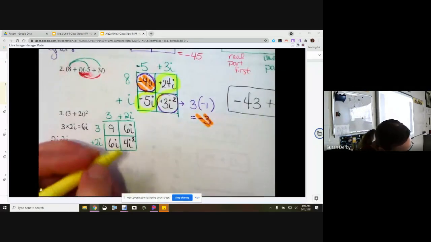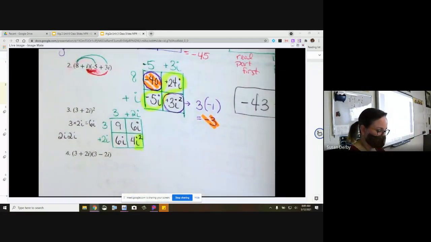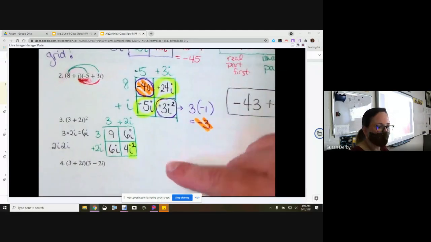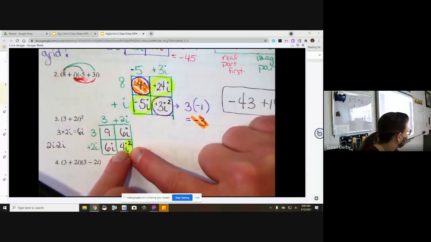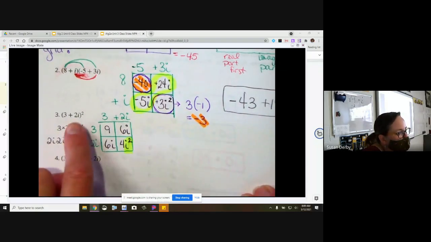Now there's that i squared that we're looking at here. We should only see it showing up once when we're multiplying using the grid like this. There's going to be one place that will have that i squared if we're multiplying two complex numbers together like this.